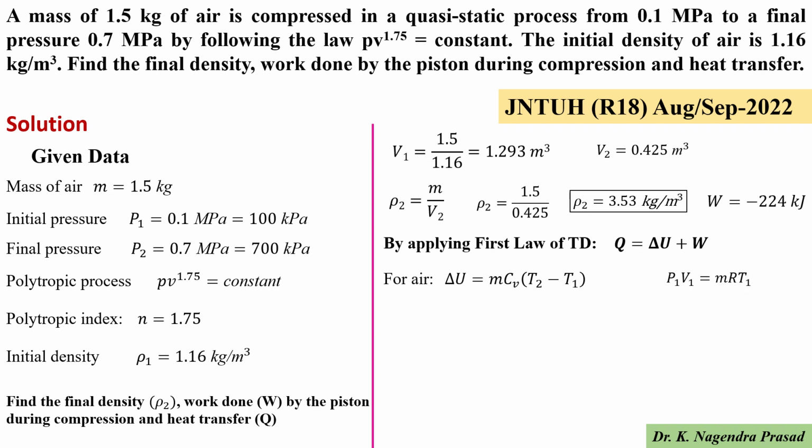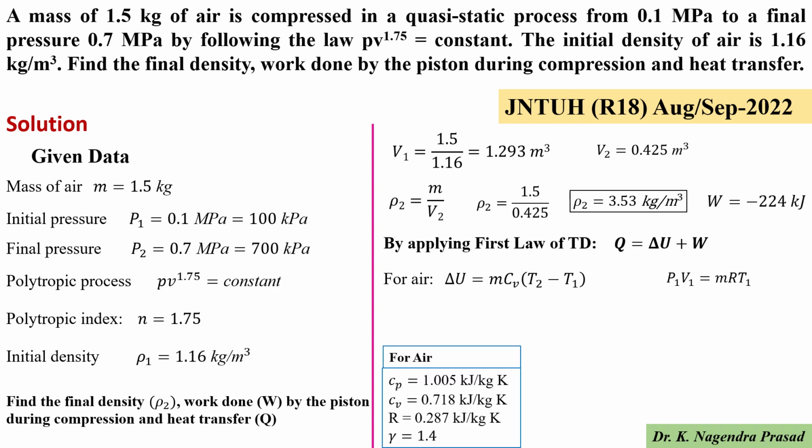So first we have to determine the T1 value. For this one I have to use the P1 V1 equal to m R T1 relation. Here we know the P1 value, V1 value, m value and R value. For air, Cp equal to 1.005 kilojoule per kg Kelvin and Cv value is 0.718 kilojoule per kg Kelvin.